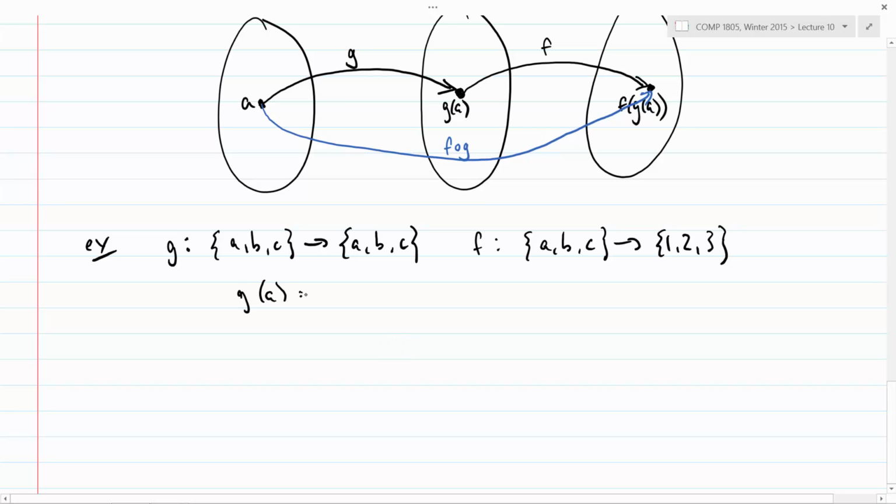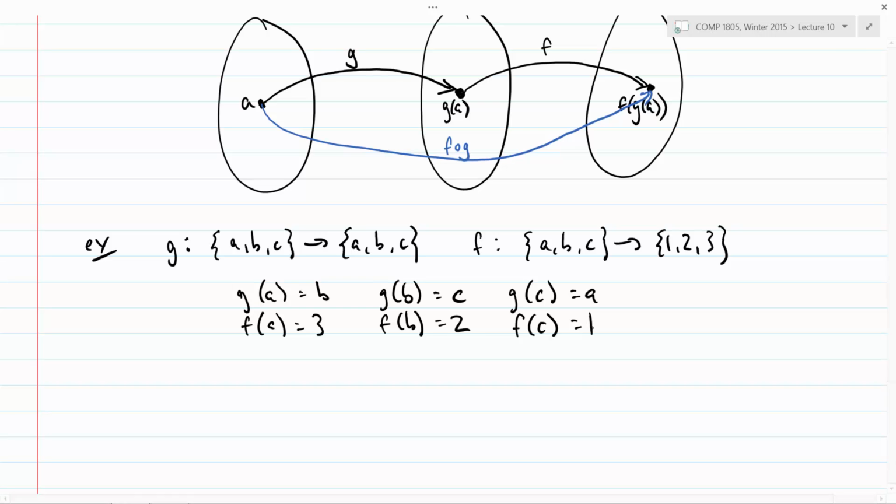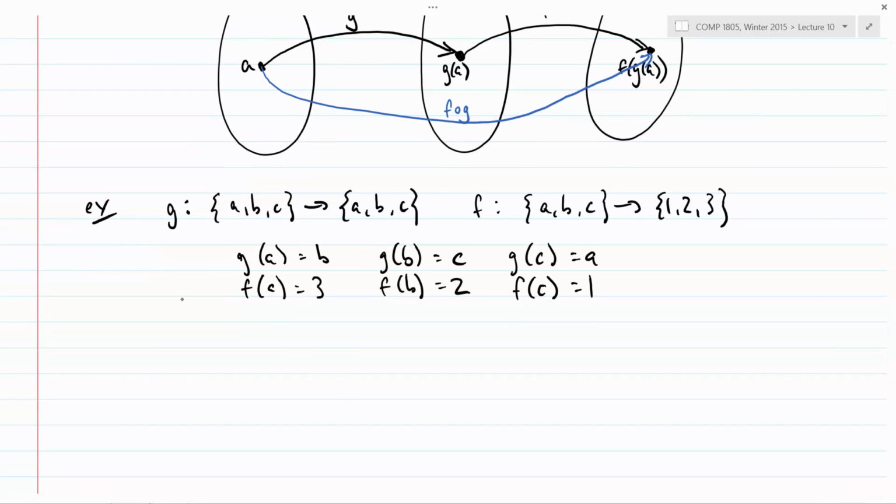G of a equals b, g of b equals c, g of c equals a, f of a equals 3, f of b equals 2, and f of c equals 1. Okay? So now I say to myself, okay, well, I'd like to come up with the composition. So let's figure out what f follows g is.